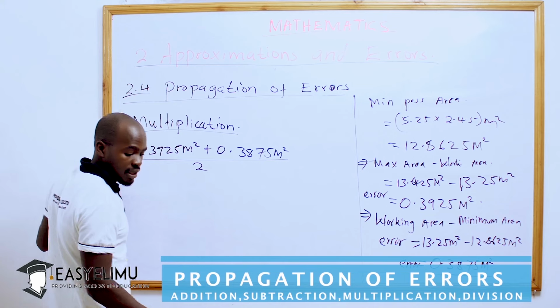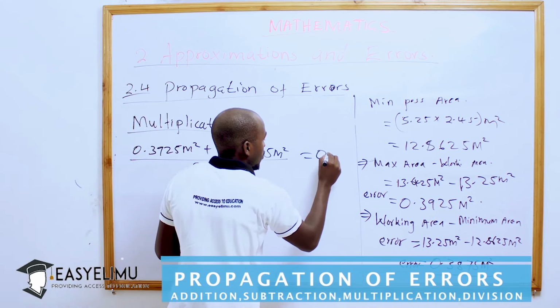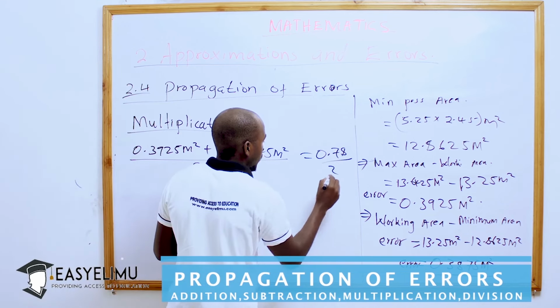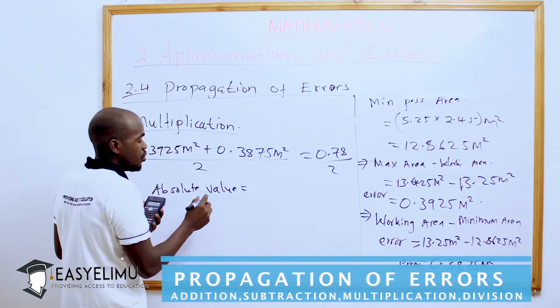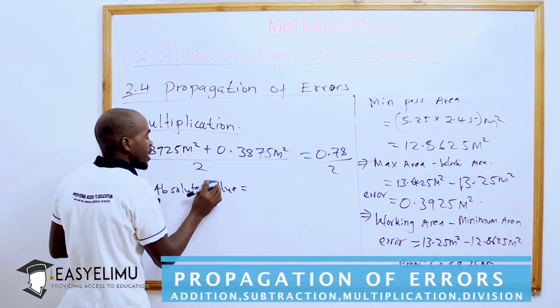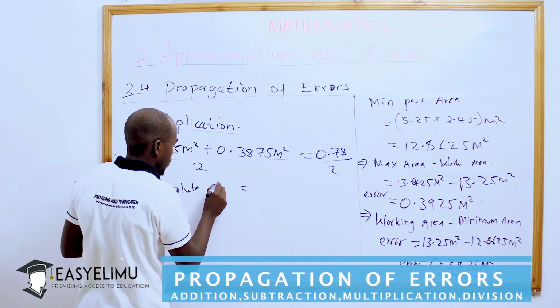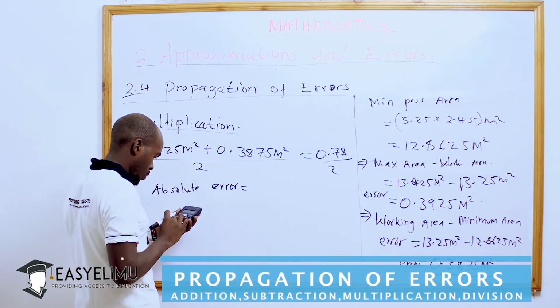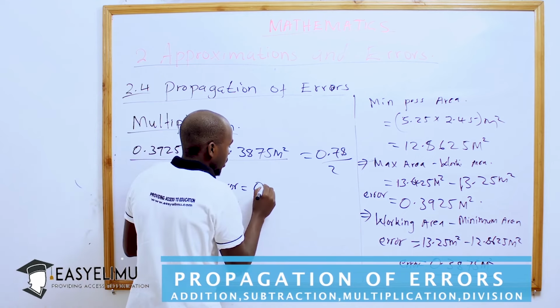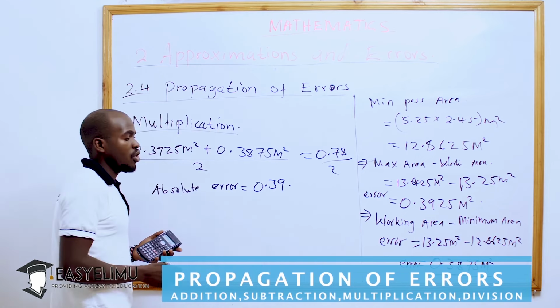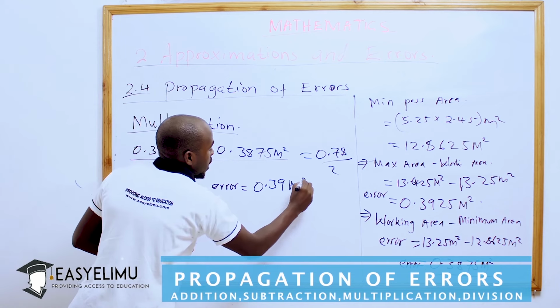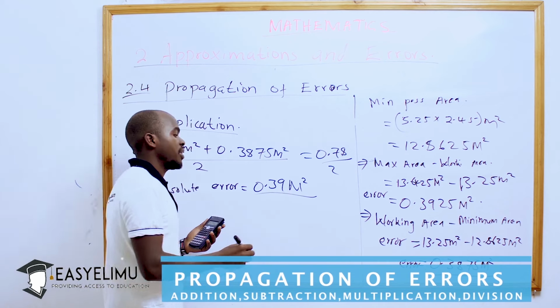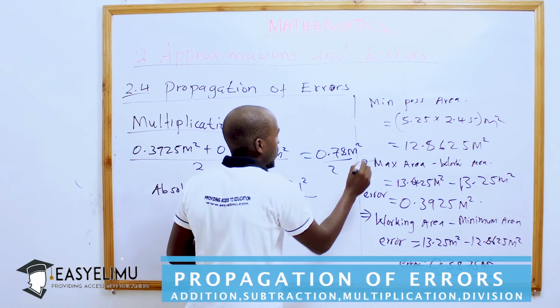So this one is going to give us 0.78 divided by 2. Our absolute error is equal to 0.39. So we have found our absolute error is 0.39 square meter.